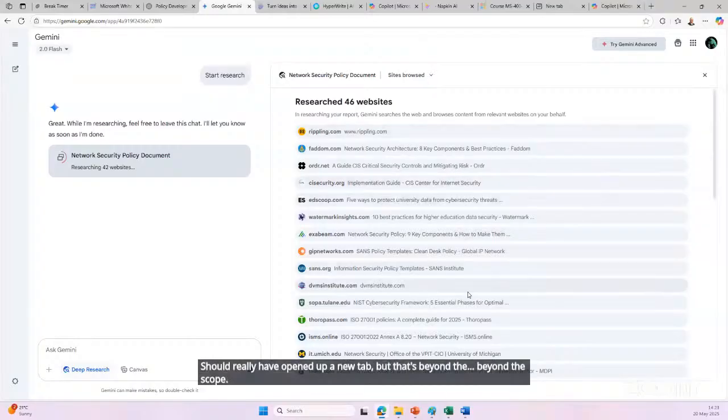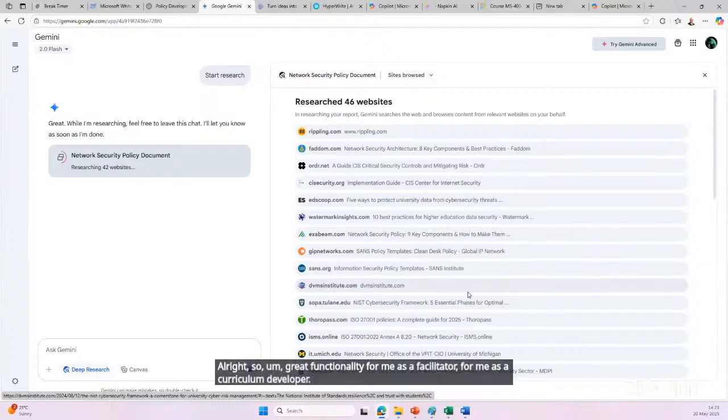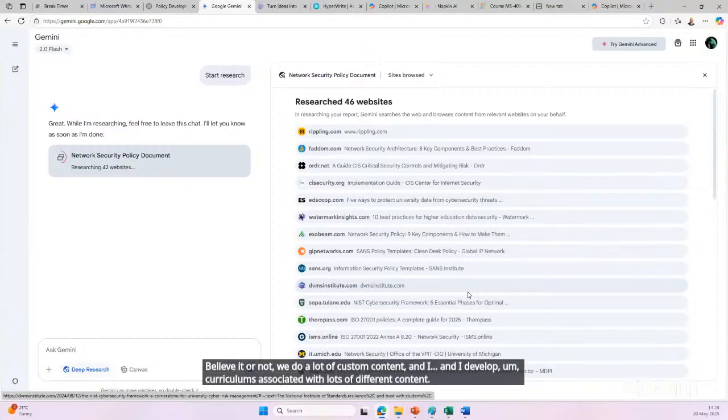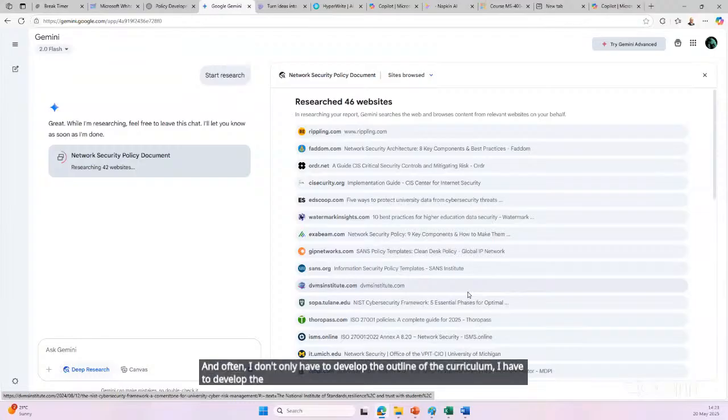All right. So great functionality for me as a facilitator, for me as a curriculum developer. Believe it or not, we do a lot of custom content, and I develop curriculums associated with lots of different content. And often I don't only have to develop the outline of the curriculum, I have to develop the details, I have to develop the contents, I have to develop the presentations, and so forth.